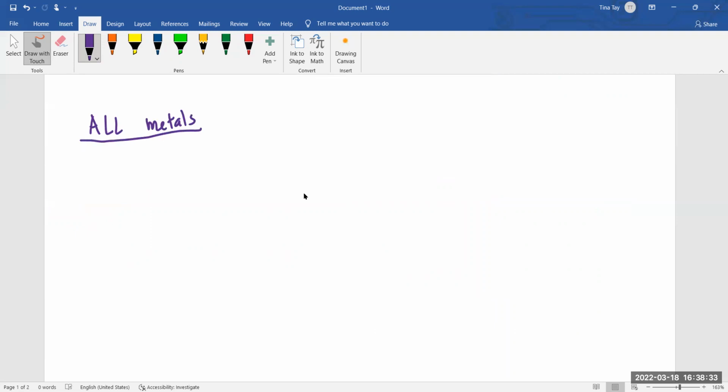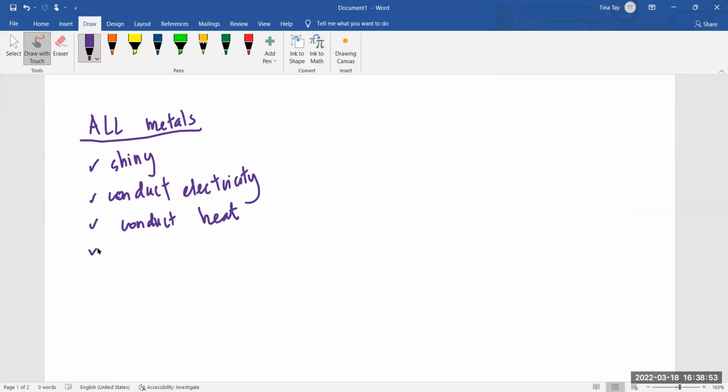All metals are shiny. All metals can conduct electricity. All metals can conduct heat.